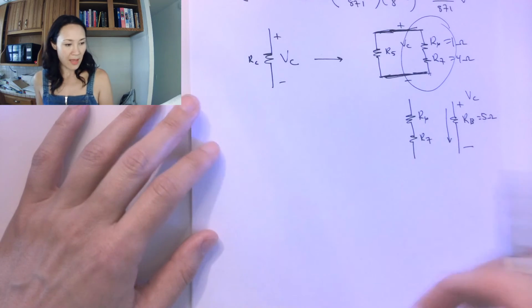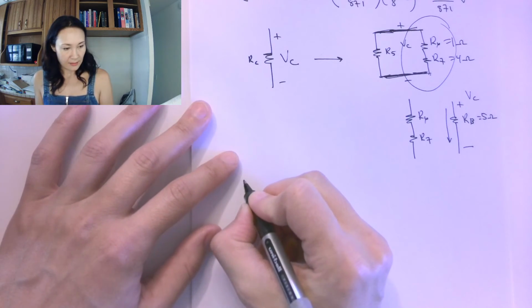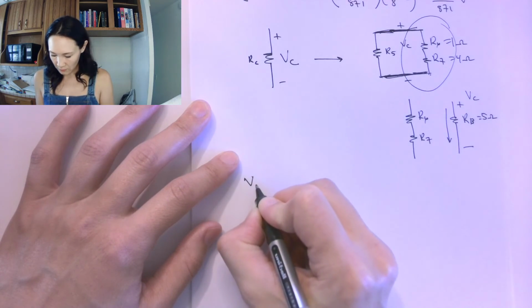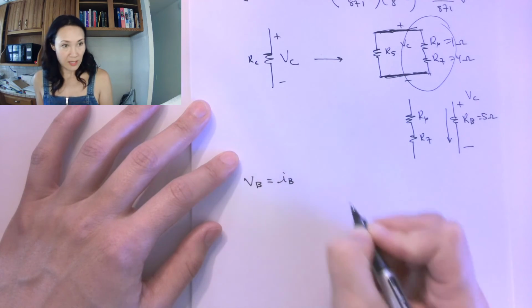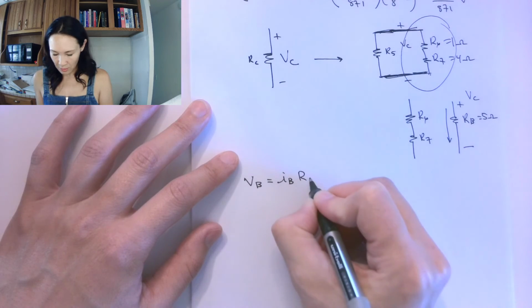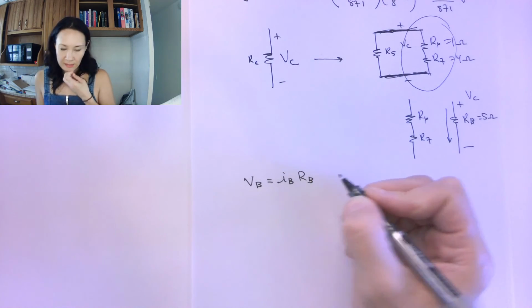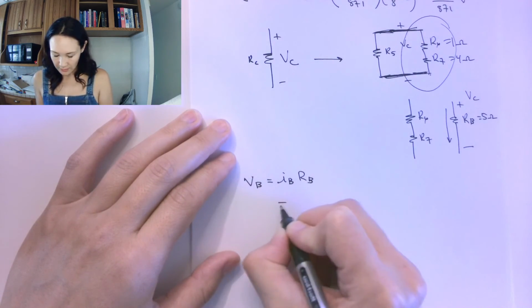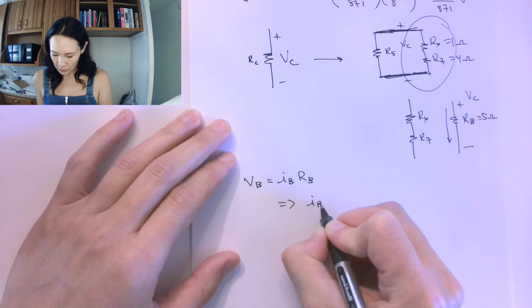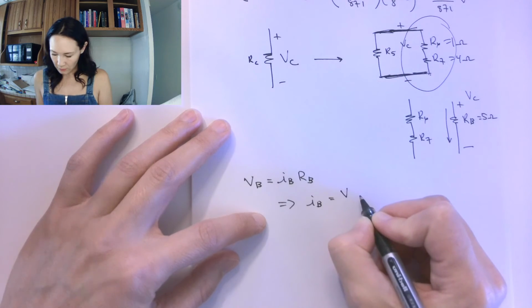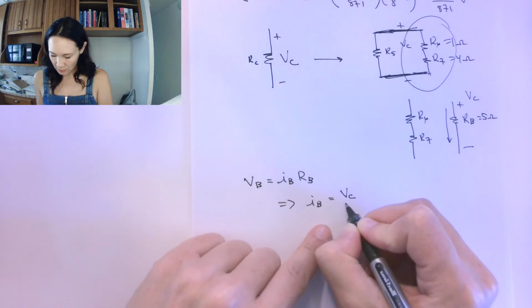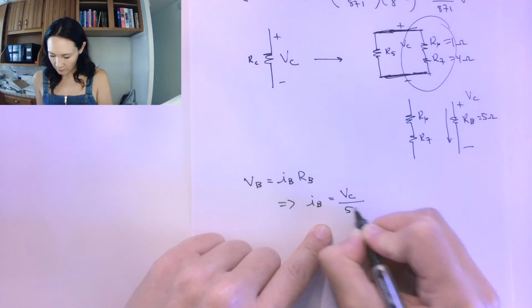So let's do that. We can say that VB is equal to the current that goes through the B branch times RB, and this implies that the current that goes through the B branch is equal to VC over 5 ohms.